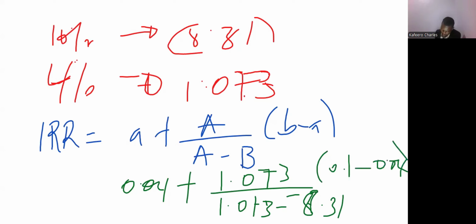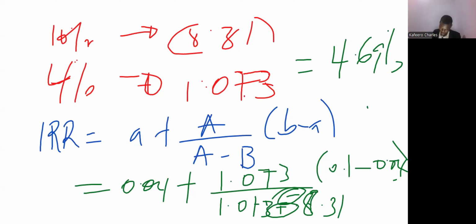So this one will turn out to be a positive times 100. So when I multiply by 100, I'll be getting the percentage as 4.69%. That's roughly 5% if I round off. So you will see that this is our IRR.